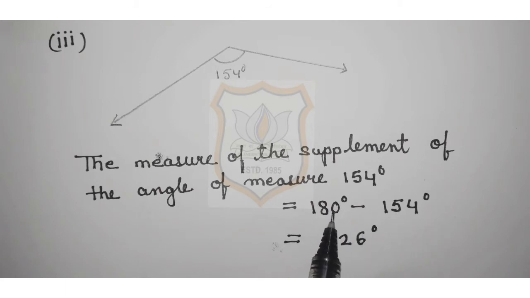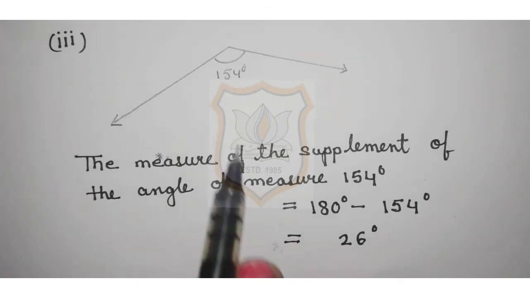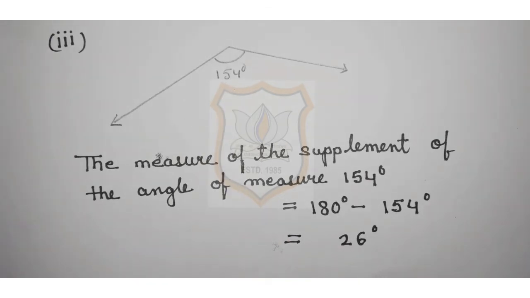Why 180? Because, as you all know, the sum of the measures of supplementary angles is 180 degrees. So we will subtract 154 from 180 degrees. So 180 degrees minus 154 degrees comes to be 26 degrees. So the supplement angle of 154 degrees is 26 degrees.